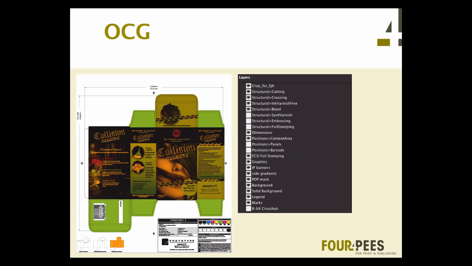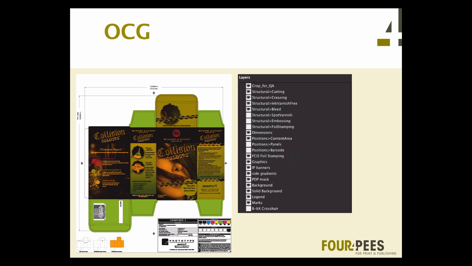So, the basic thing here is the OCG. OCG stands for Optional Content Group, and that is the way to subdivide the content into things that perhaps are optional and you could switch on or off.